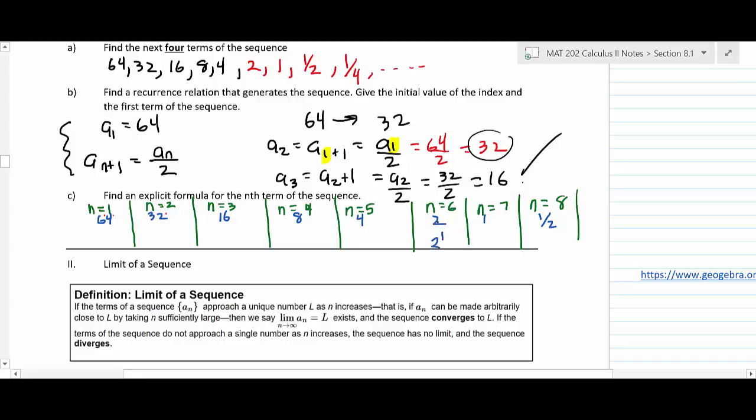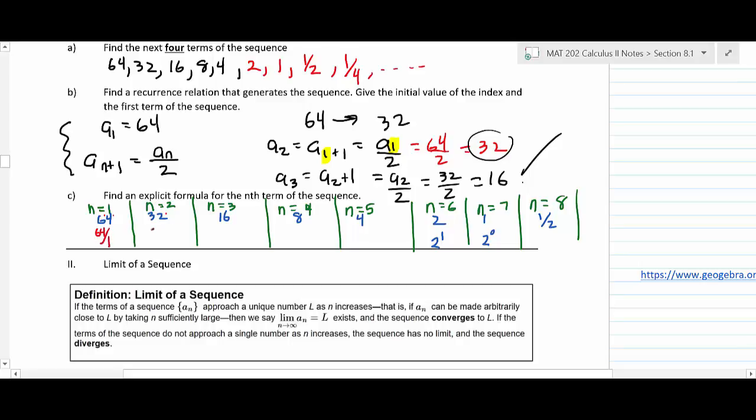If you're getting a 1 out of that, that's like a 2 to the 0, and then this is like a 2 to the negative 1, and so forth. But the other thing I see is patterns when I'm dividing these things by 2. So I'm going to write this out one more step, and this will help you see this.